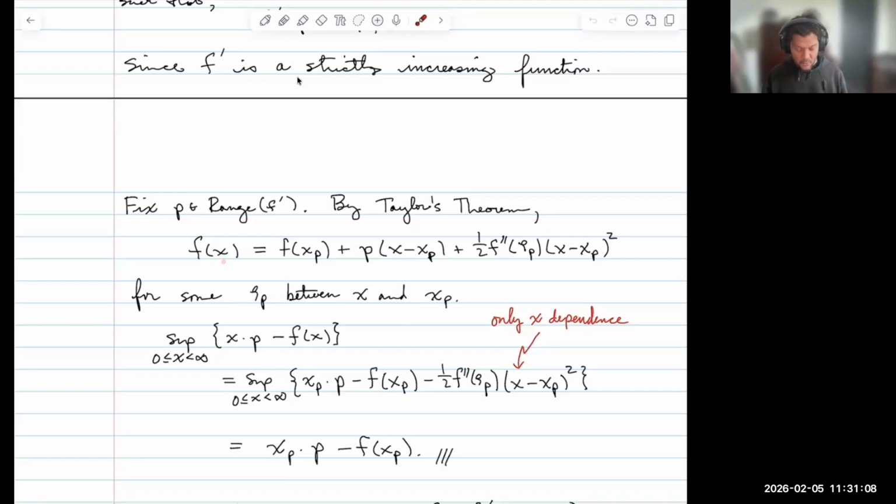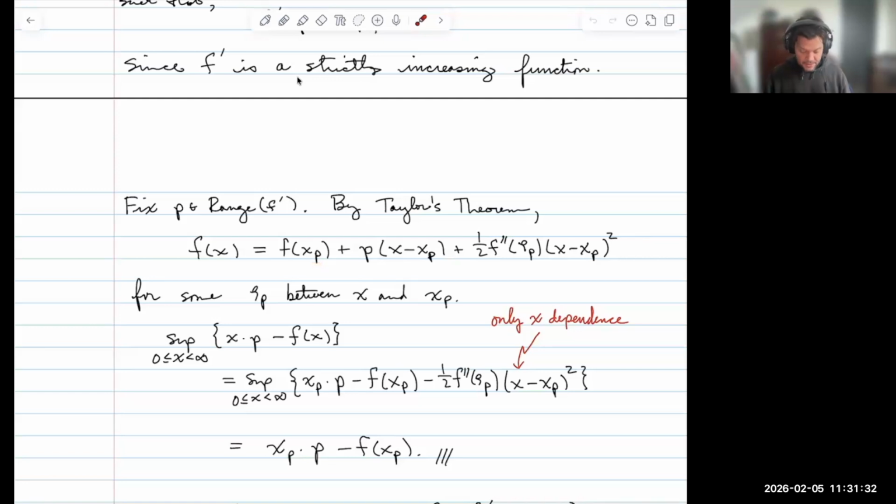This x should be somewhere in the domain of f. For every x in the domain of f, we can expand this function around this expansion point that we just conjured up. If we fix p, we know that there is such a point called xp, and that's going to be our expansion point. So let's do the Taylor expansion of f of x around this expansion point.